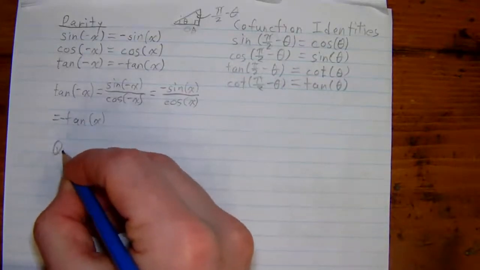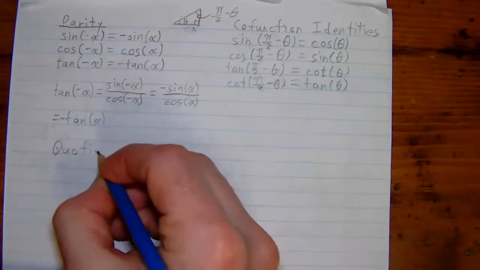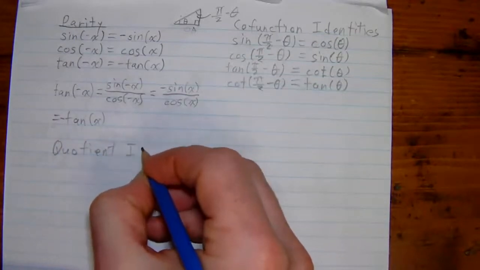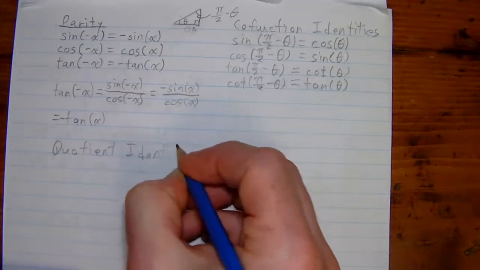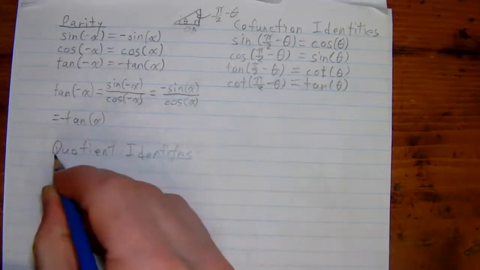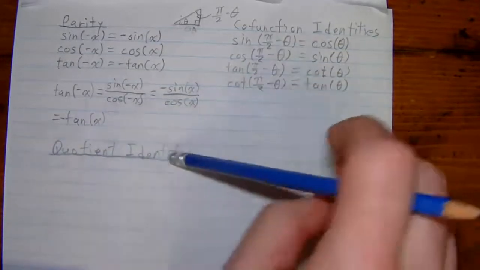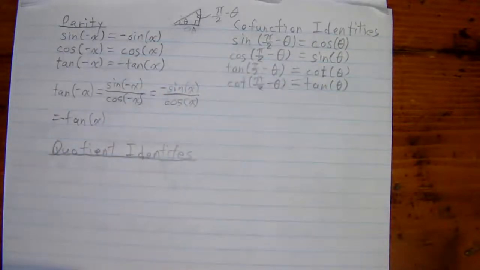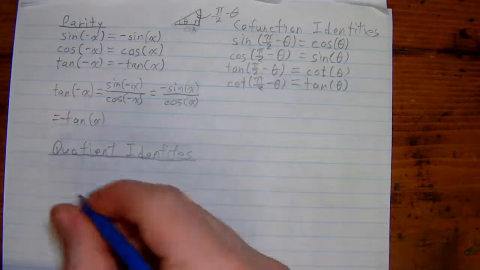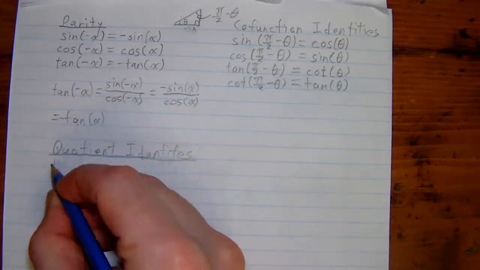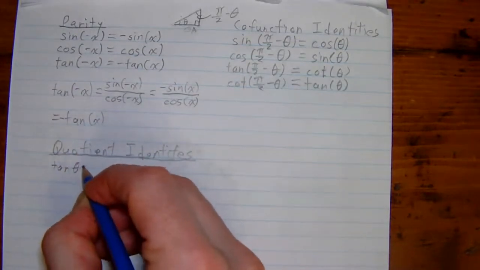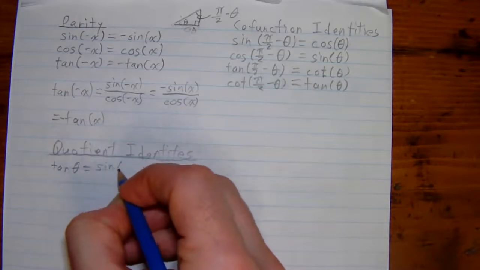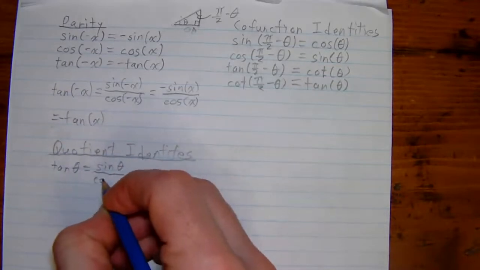So quotient identities. These ones are the ones that you know from grade 11. One of the most famous, or perhaps the most famous trig identity, is the identity for tangent. And that is that tan theta equals sine theta over cos theta.